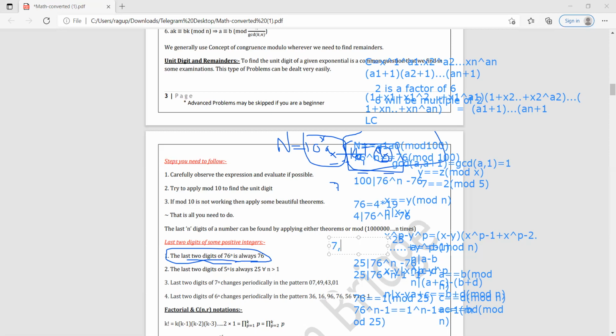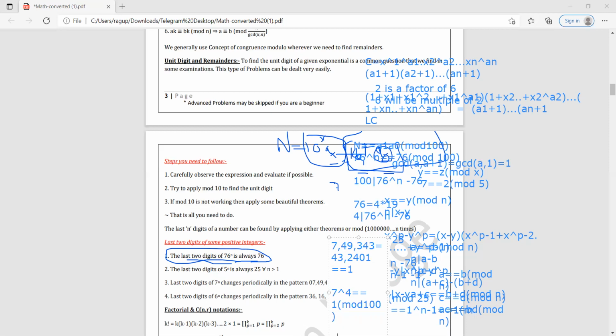And 7 square is 49, last digits 49. 7 cube is 343, so last digits 43. If you'll notice here, 2401, so last digits is 01. So basically you will have 7 raised to 4 is congruent to 1 mod 100, sorry.